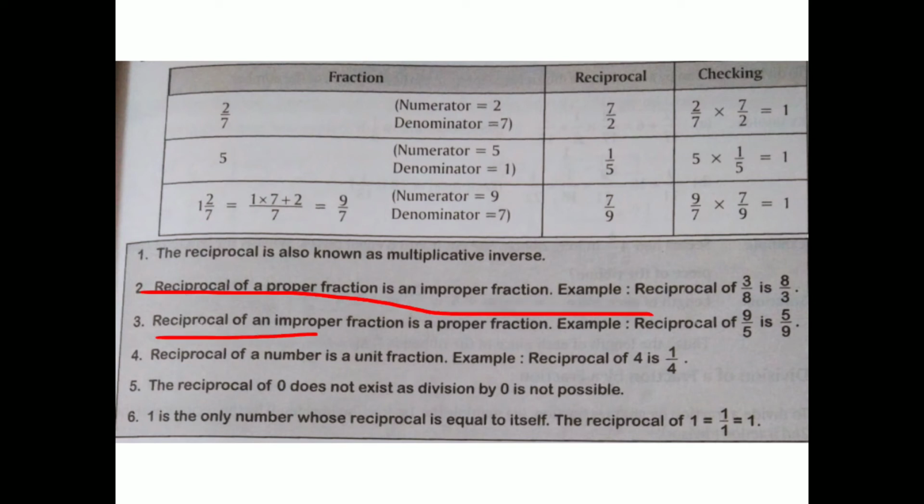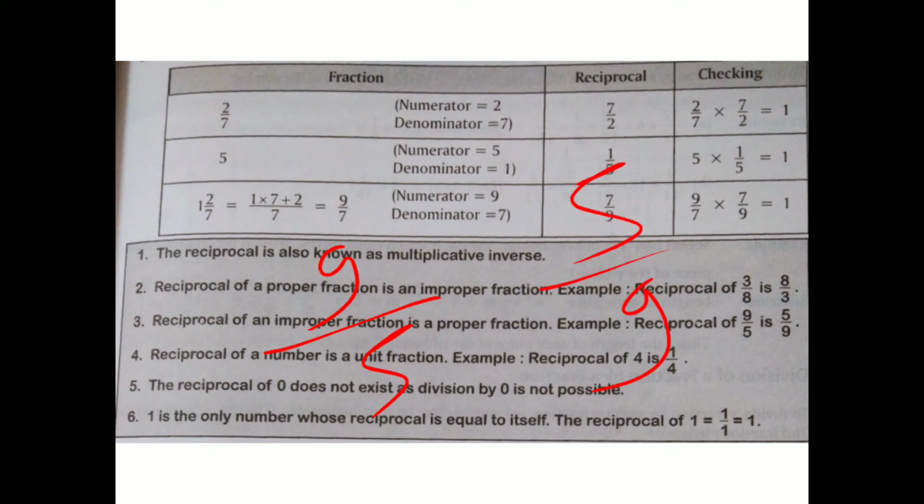Understood? And the reciprocal of an improper fraction is a proper fraction. Taking 9 upon 5, this is an improper fraction and its reciprocal is 5 upon 9, which is a proper fraction. So the reciprocal of a proper fraction is improper, and the reciprocal of an improper fraction is proper.